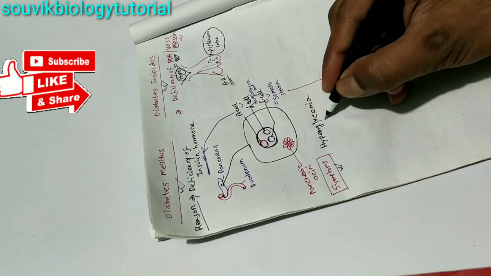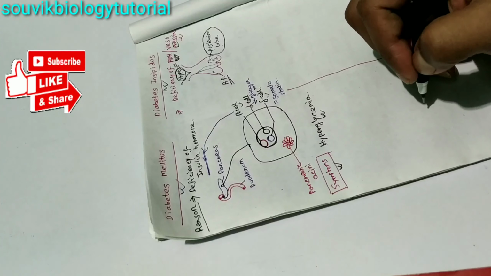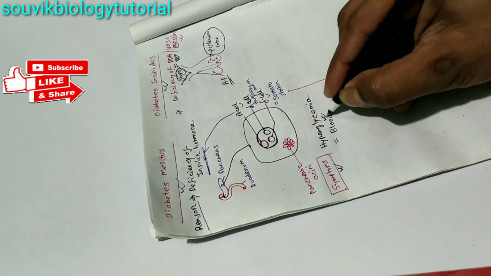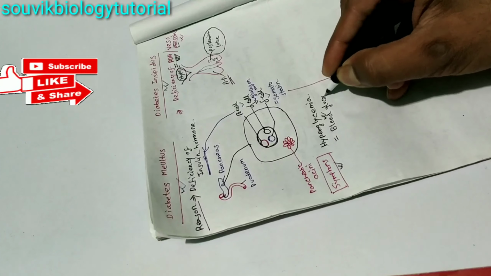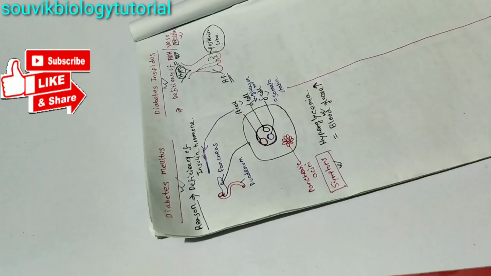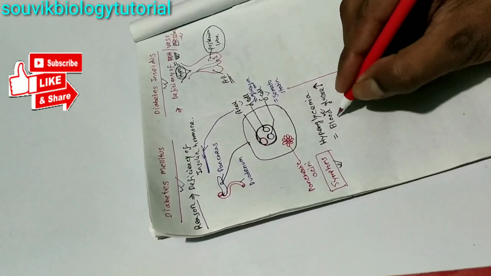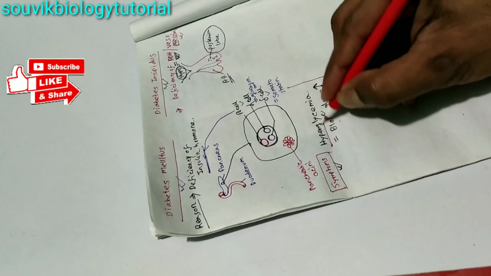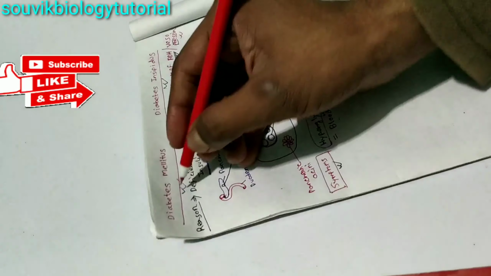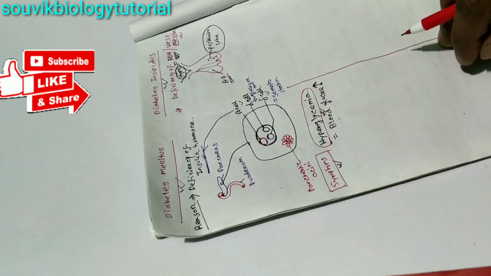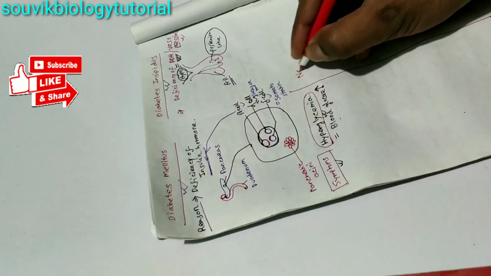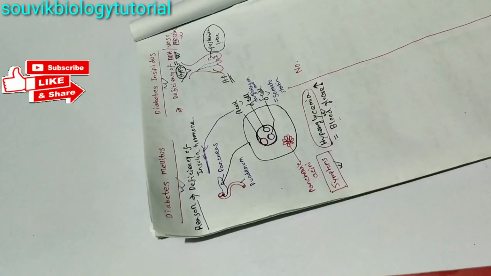Now, what does that mean? Hyperglycemia means increased blood glucose. When the blood glucose level is increased, this is known as hyperglycemia. This occurs in case of diabetes mellitus. But in case of diabetes insipidus, no hyperglycemia occurs. Okay?